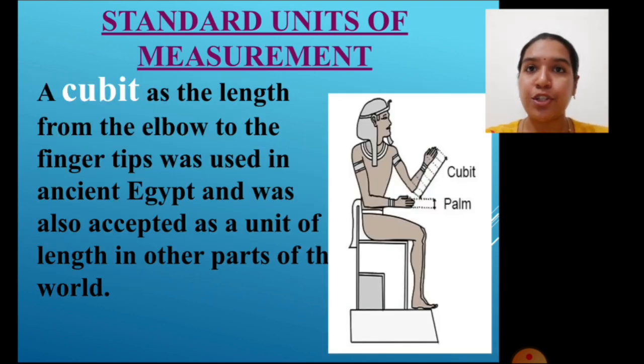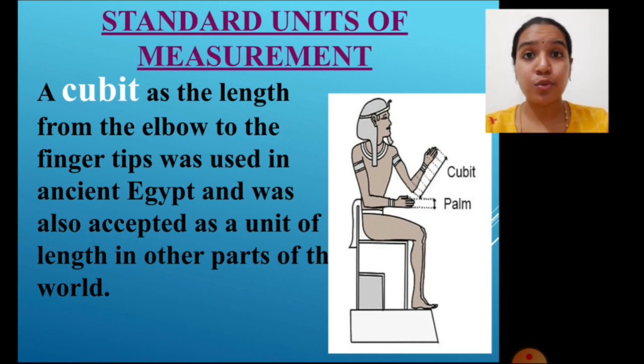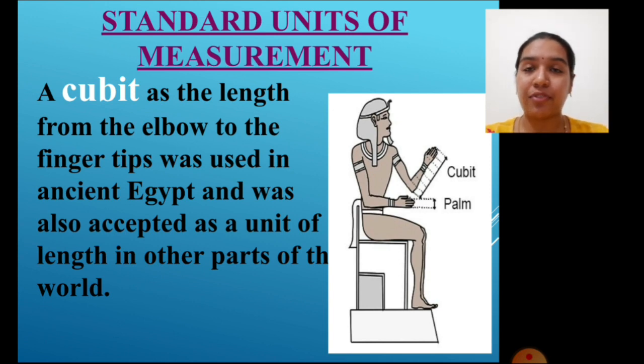Some ancient units of measurement are, first, the cubit, which was used by Egyptians during the ancient times. A cubit is the length from the elbow to the fingertips.